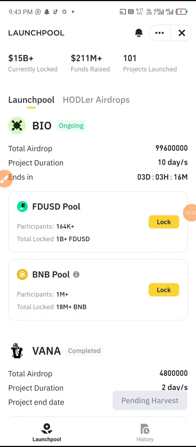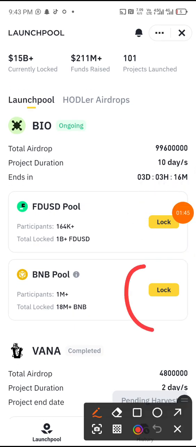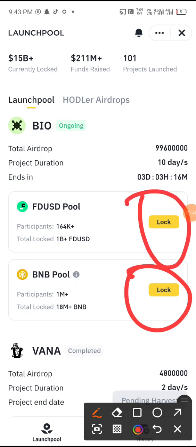So what would you do? All you need to do is lock some USDT, FDUSD or BNB. You lock a few and make a lot for yourself. Maximum lock is 3 days.